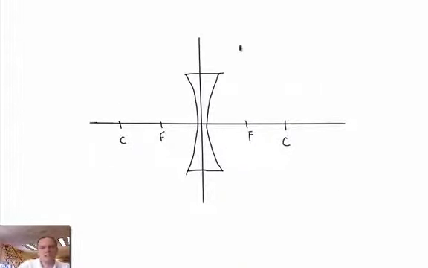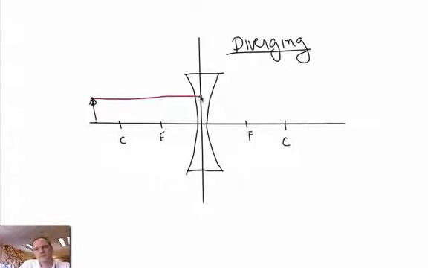Okay, so this is diverging, and it's a double concave lens. If we put an object out here, and we take, again, a light ray that is parallel to the axis, when it hits there, it will bend and take off as if it came from the focal point.